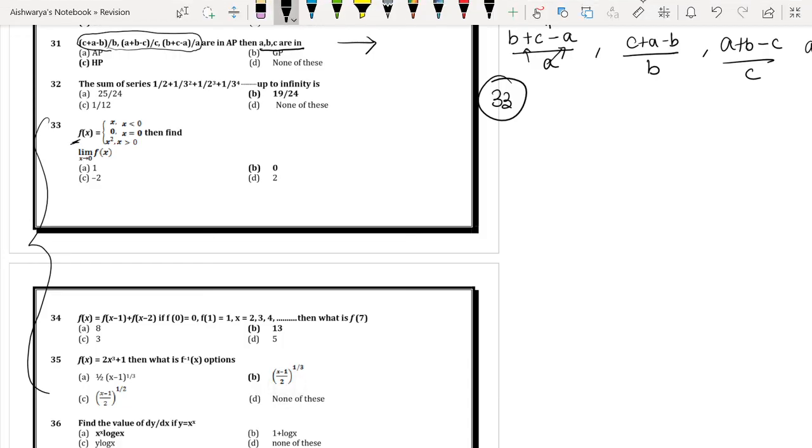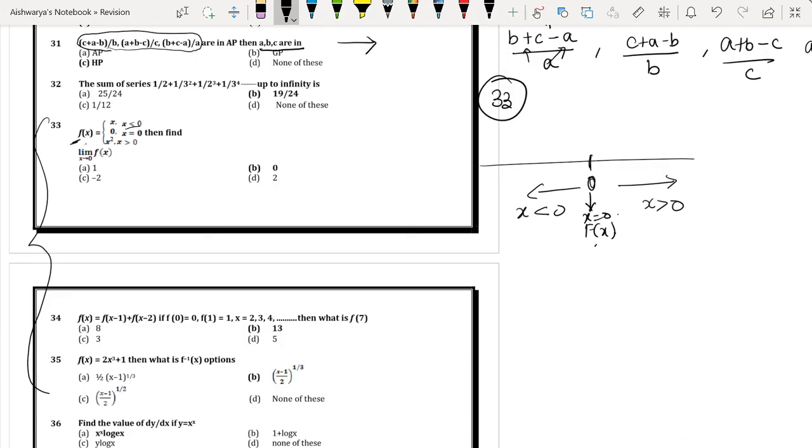Now see, they've given you the f of x function. They've given you the value of f of x. In a graph, there is 0 here, this is less than 0, this is greater than 0, and this is the particular point, x is equal to 0. So what will be the value of this function?